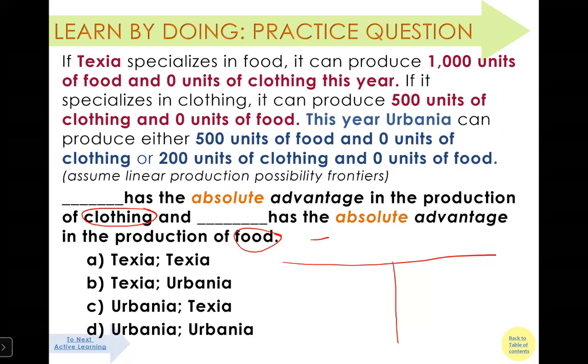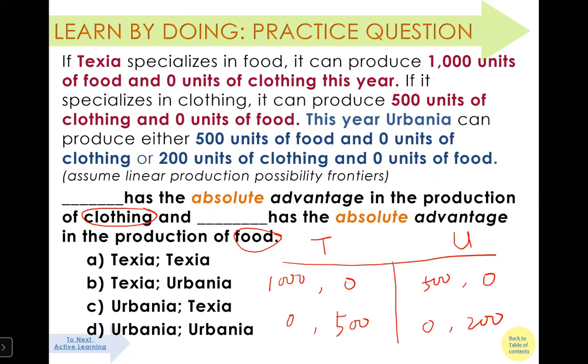The best way to do this is to write a table for both economies. You have Texia, T for short, and Urbania, U for short. Texia can produce either 1,000 food or 500 clothing. Urbania can produce 500 food versus 0 clothing, or 0 food and 200 clothing.